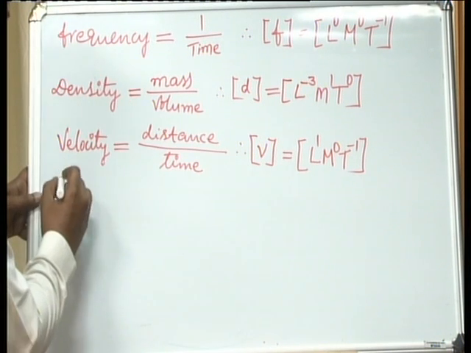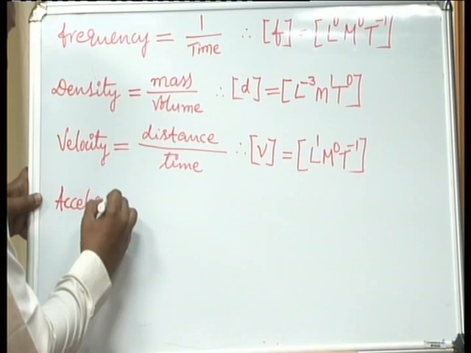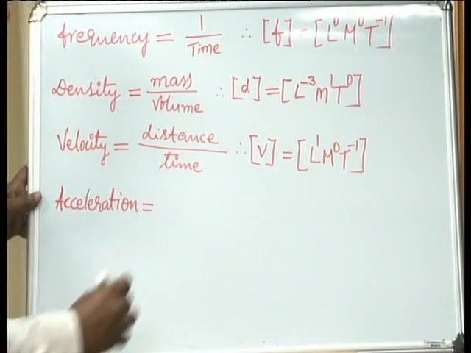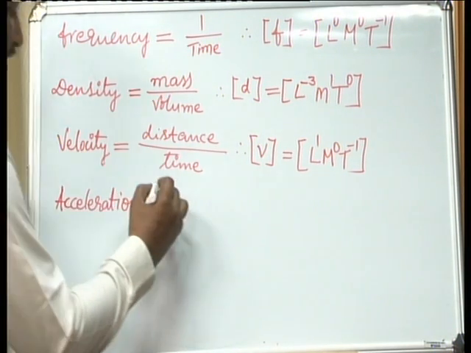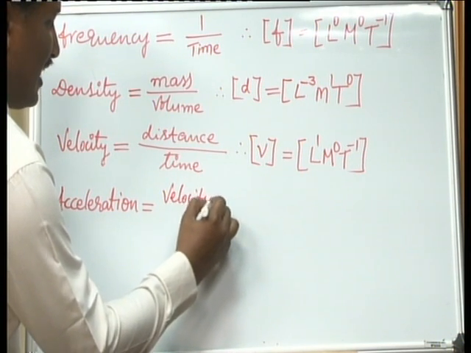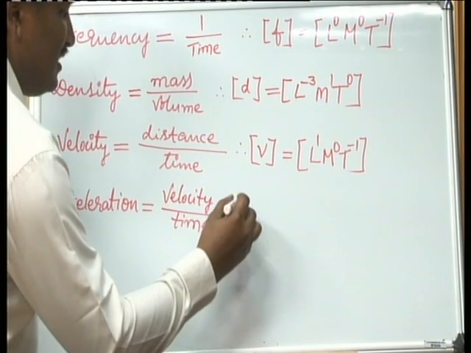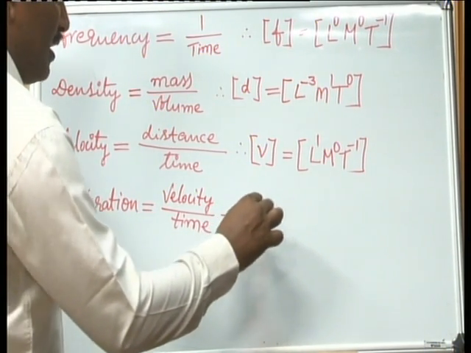Similarly, what is the dimensional equation for acceleration? We all know acceleration is nothing but the rate of change of velocity. I mean, it is velocity divided by time taken. But velocity is the ratio of distance travelled divided by time.